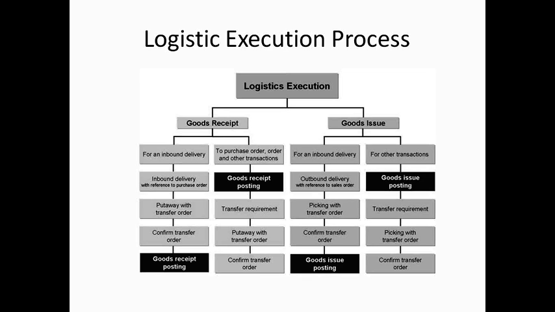And there are also some processes without any outbound delivery, where we do the goods issue directly. In those cases, we do the goods issue first, and whenever a goods issue is posted, a transfer requirement is created, then a transfer order for picking is created and confirmed, and finally the stock gets posted to the required location.